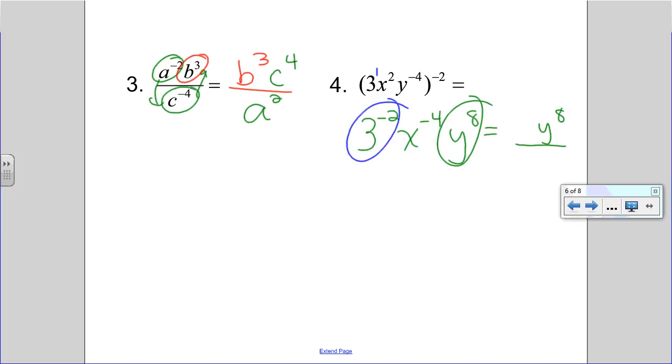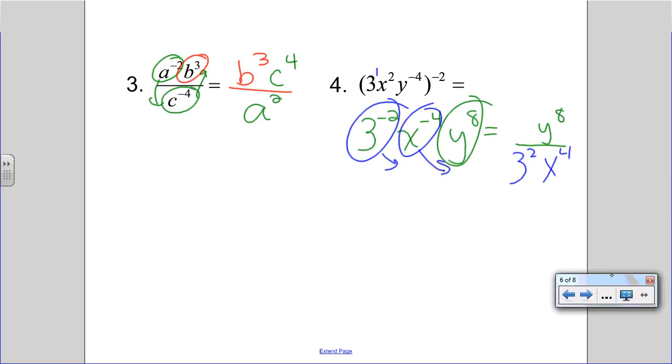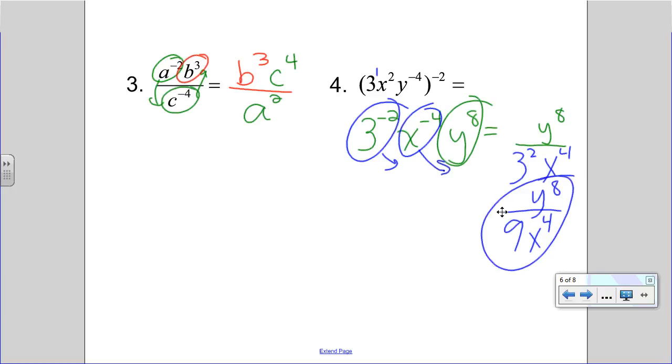I'm going to circle these two, and I'm going to move them down. 3 squared x to the 4th, but I heard someone just say the finish to the problem. We have to do the 3 squared. So this should be 9x to the 4th in your denominator, y to the 8th in the numerator. Does that make sense, guys? Yes. Beautiful. Are we okay with that?